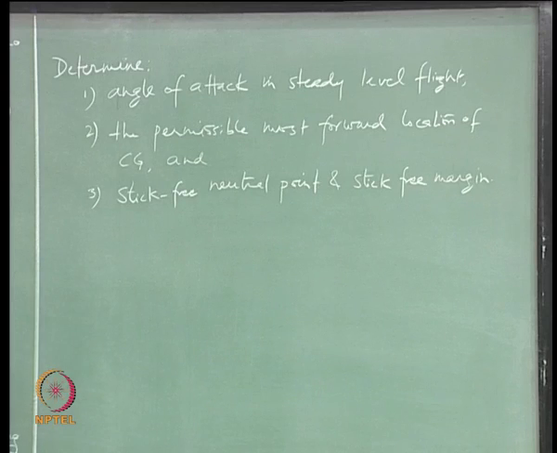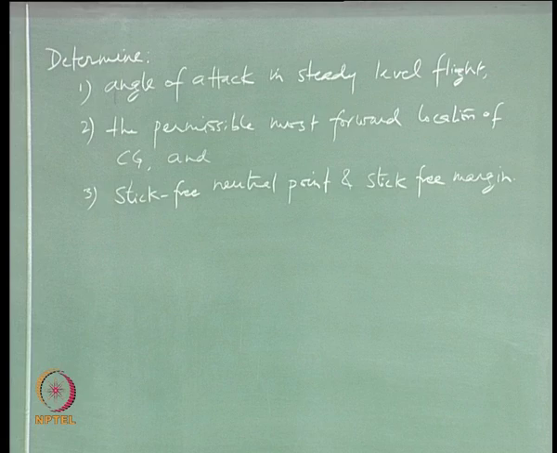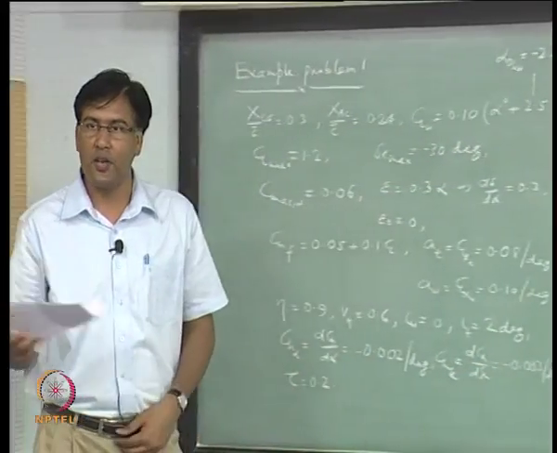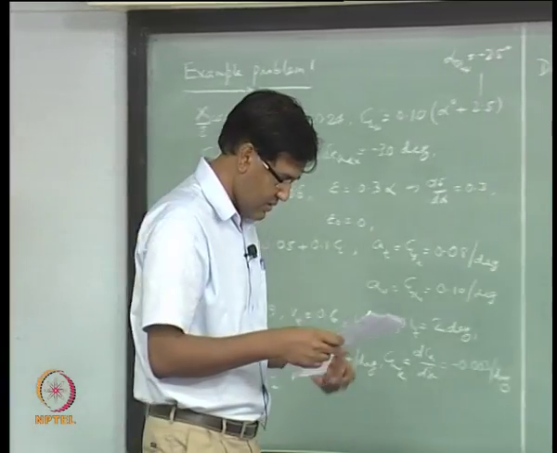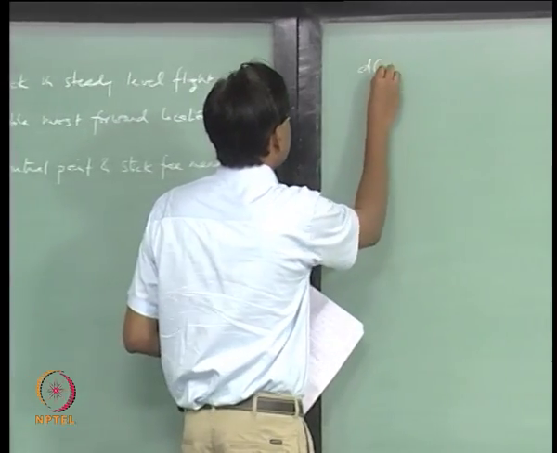Okay. So, for this data given you have to determine these three. All right. So, let us first try to find some numbers. Okay. We know some formula which we should directly start using and we can see where we get dCm over dCL.